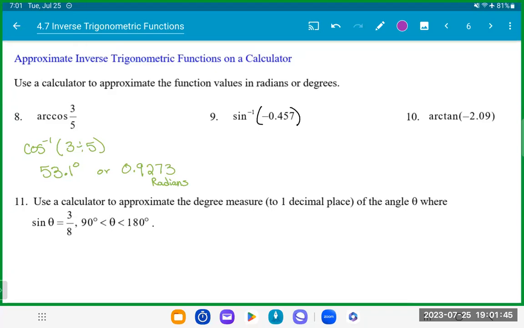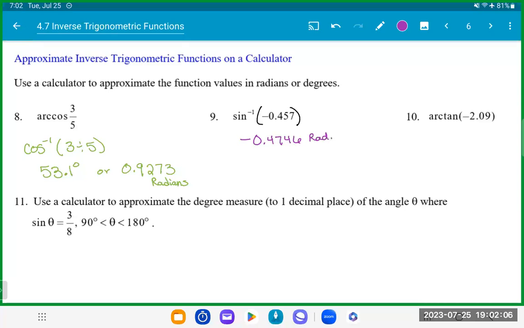All right, can somebody share what you got for the sine inverse of negative 0.457? Is it negative 0.4746? That's radians, right? Yes, radians.